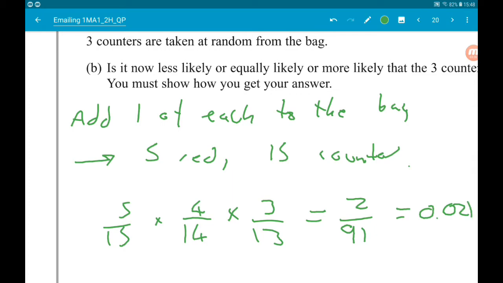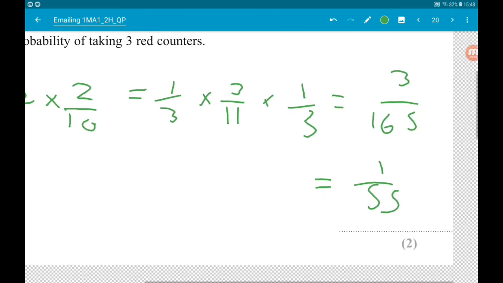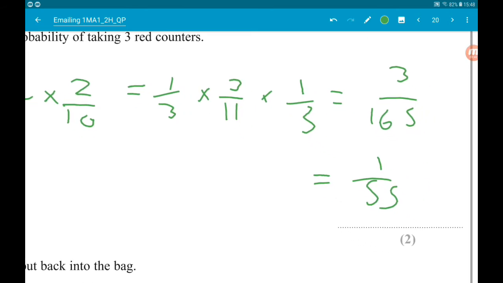Now, if we also turn our probability above into a decimal, 1/55 is 0.018, and so on.